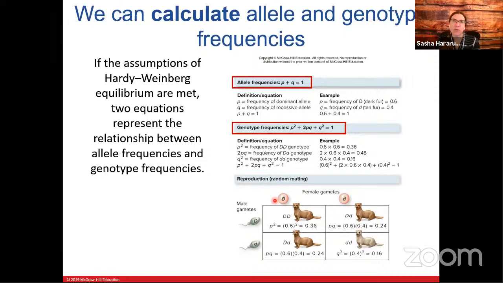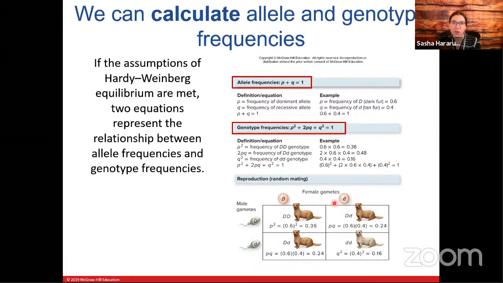So if you choose to calculate the frequency of the genotypes using the frequency of alleles from the Punnett square, it's important to remember to mate two heterozygous individuals. Your female is going to be heterozygous and your male is going to be heterozygous.